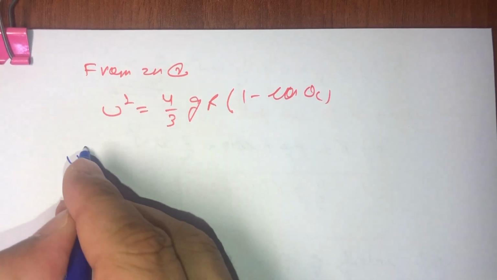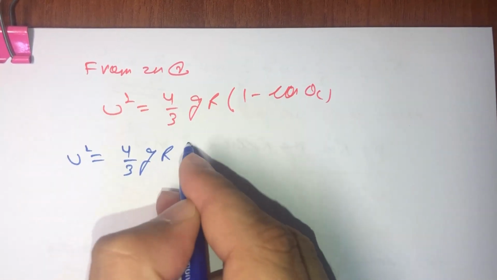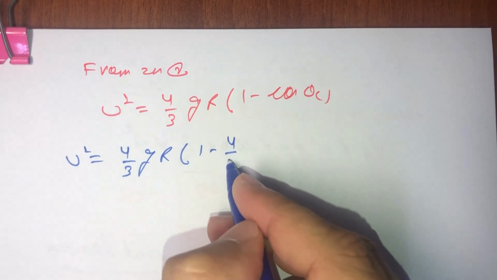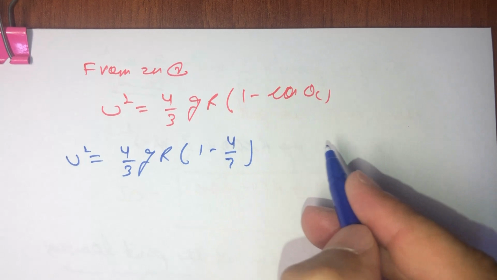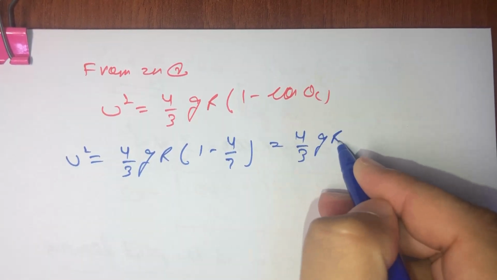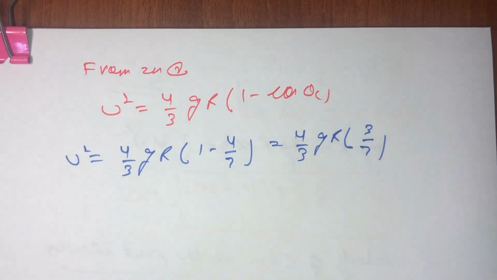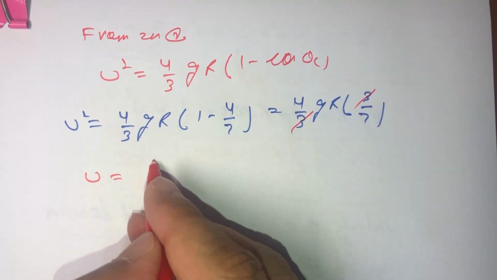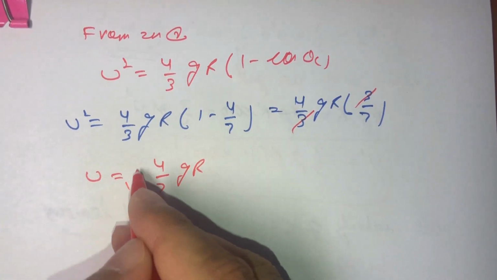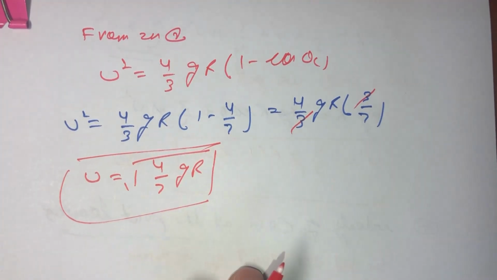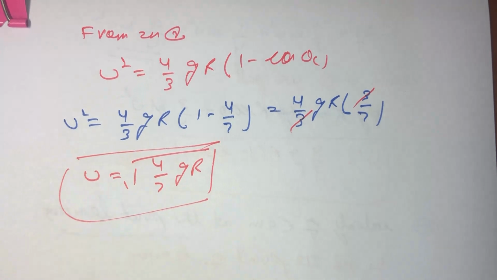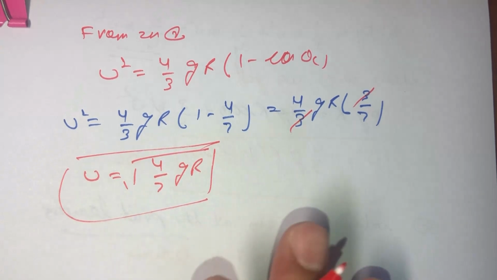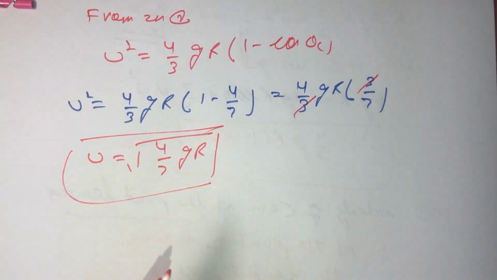Substituting the value, we get V square is equal to 4 by 3 GR times (1 minus 4 by 7), and this comes as 4 by 3 GR times 3 by 7. 3 cancels out with 3, so we get velocity is equal to the square root of 4 by 7 GR. So we found out the velocity of the center of mass, as well as theta c, when the cylinder is about to leave the block.